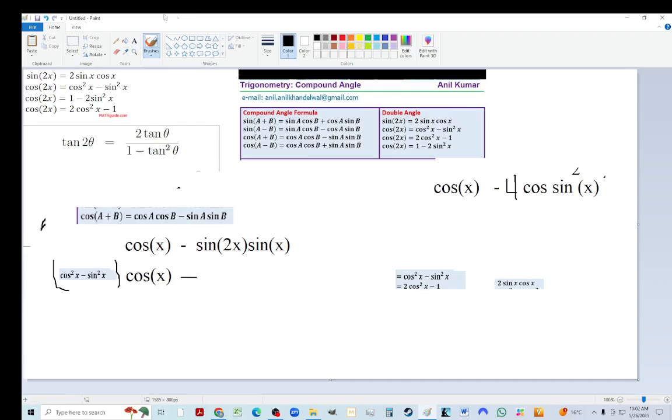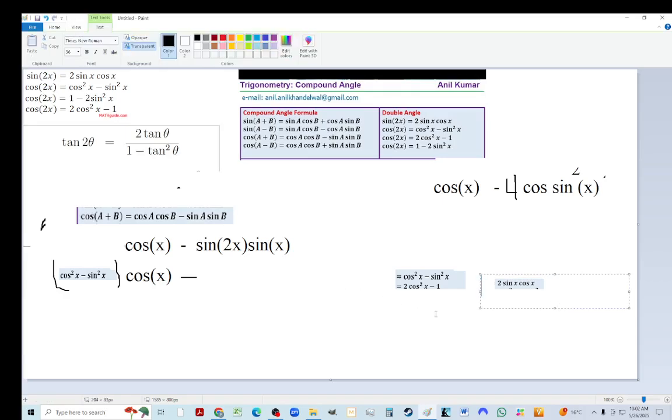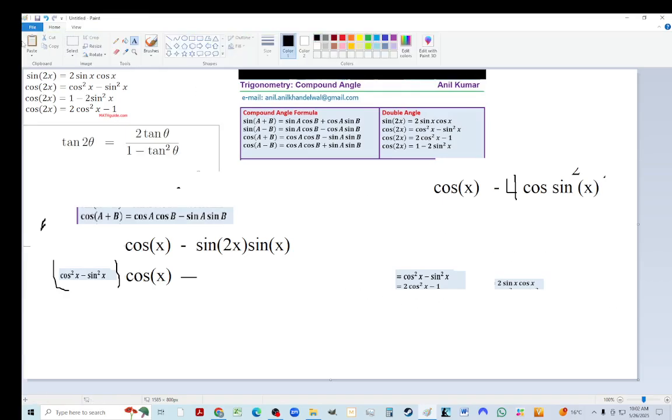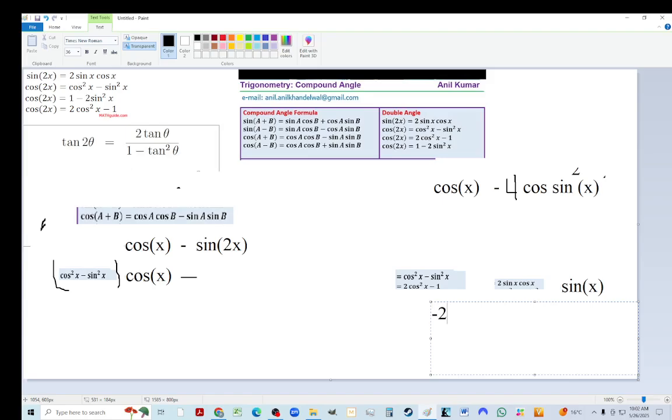And then this one, the second one, I'm always going to end up with this here. So this second part, because it's always going to be this times this, is always going to be minus 2 sine x squared times cos x.